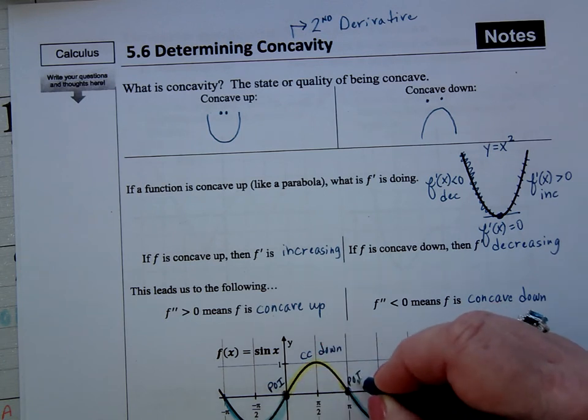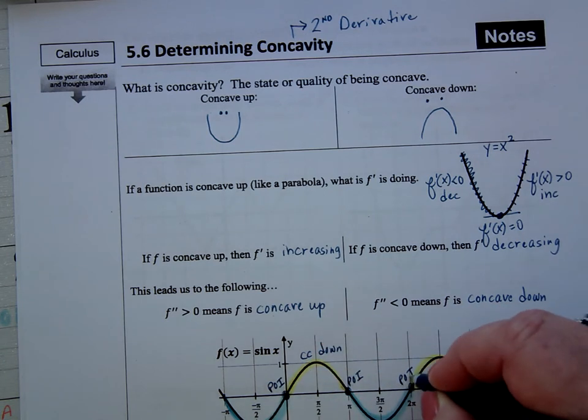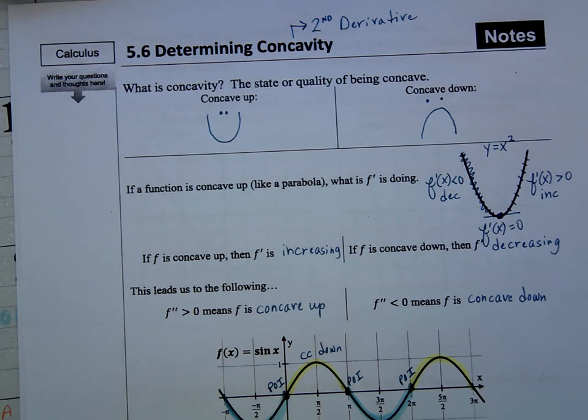Now let me take a moment. Points of inflection are different than critical points in that critical points don't have to change signs. You can have a sign chart that has a critical point that goes negative, positive, positive, positive, and all of the values on your sign chart are still called critical points regardless of if the sign changes or not.